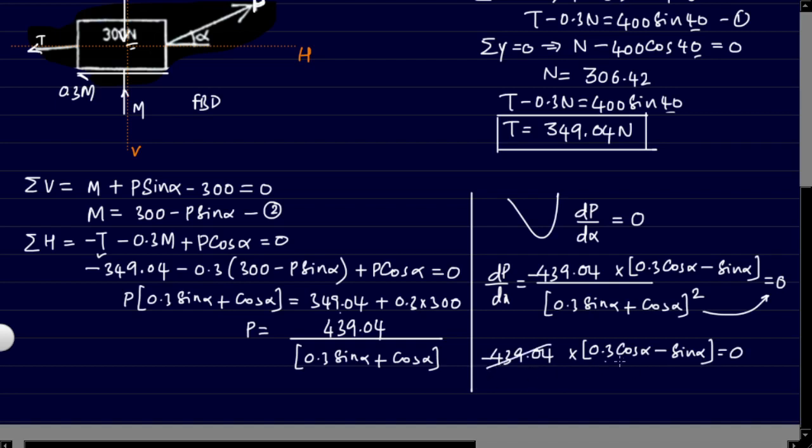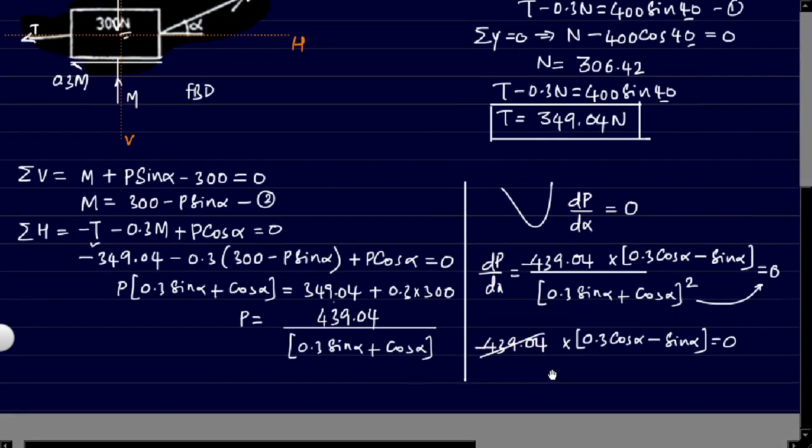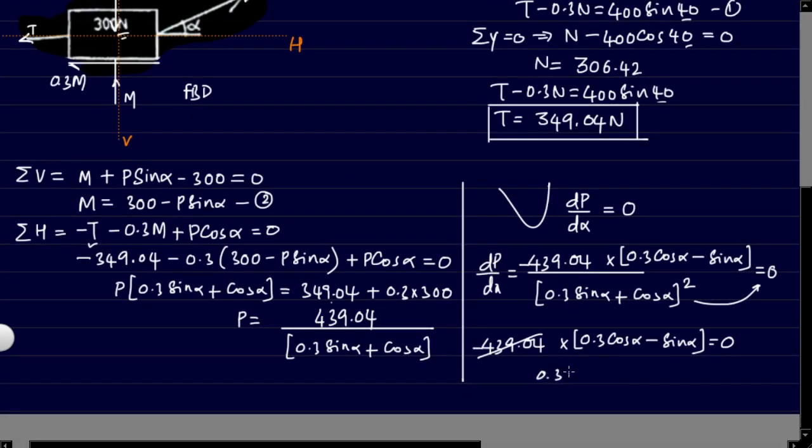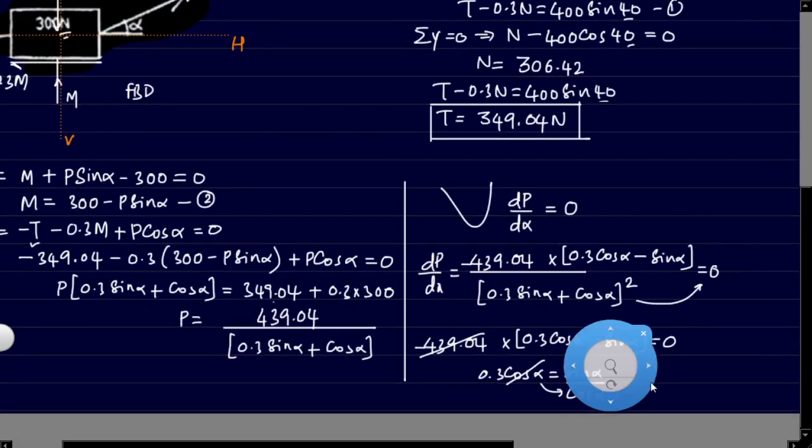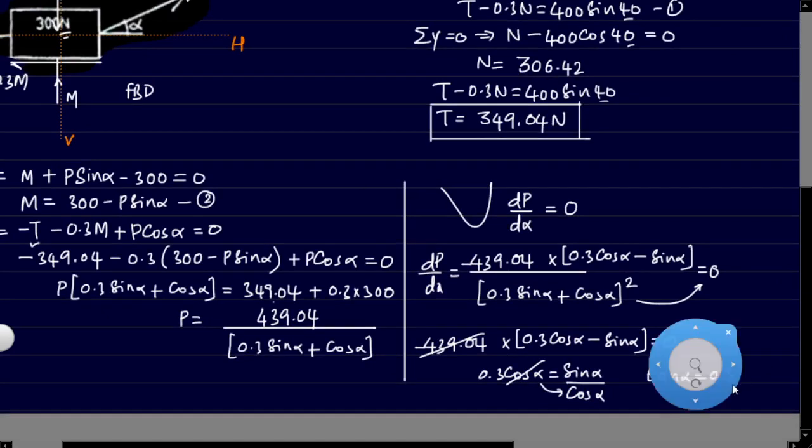The constant value also gets cancelled, and basically what we get here is 0.3 times cos alpha equals sine alpha. So sending cos alpha to the other side, this gets cancelled, so we get sine by cos, tan alpha equals 0.3.